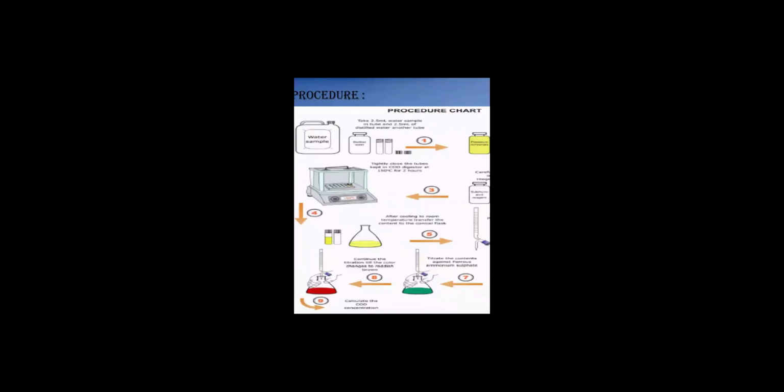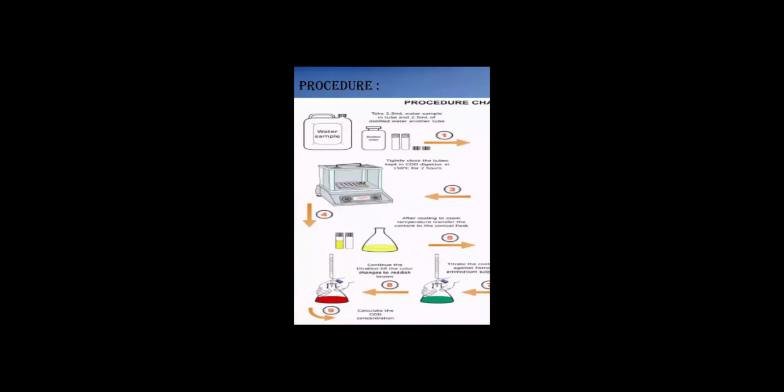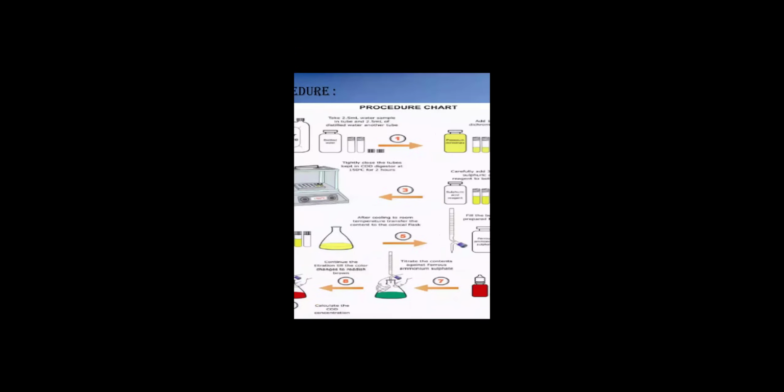This is where the procedure starts. The water sample and distilled water: take 2.5 milliliter water sample in one tube and 2.5 milliliter of distilled water in another tube. Add 1.5 milliliter potassium dichromate, tightly close the tubes and keep them in the BOD incubator for 2 hours.